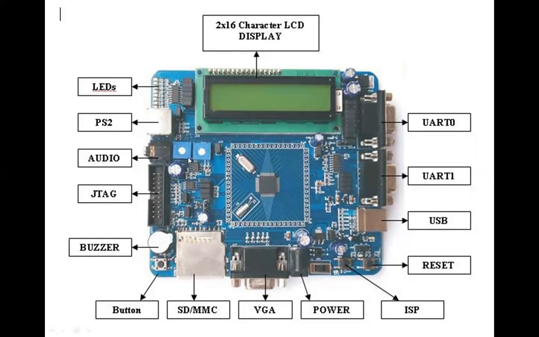So many peripherals are available, like first a 2 by 16 character LCD display, then UART 0, UART 1. Then a USB reset switch, then an ISP connector, then power supply, then a VGA connector, SD or MMC card.